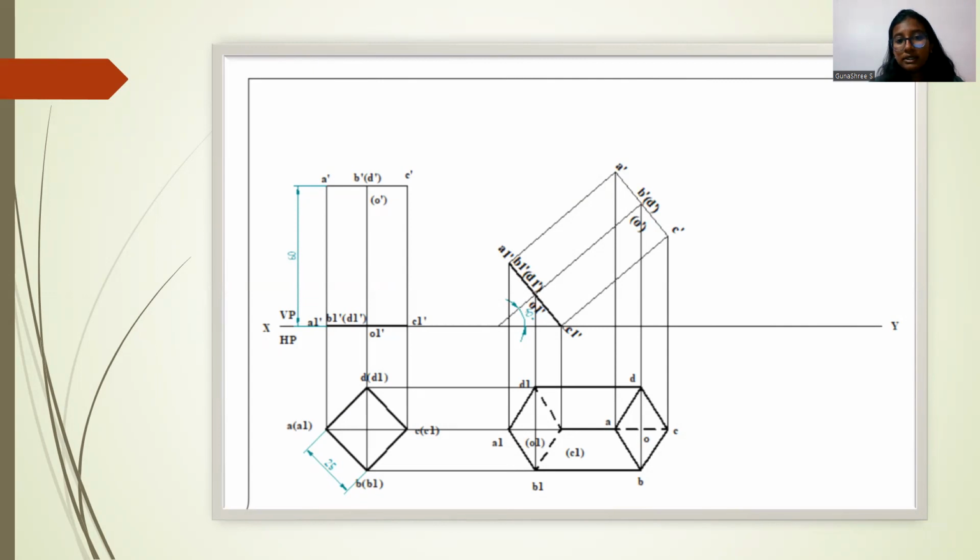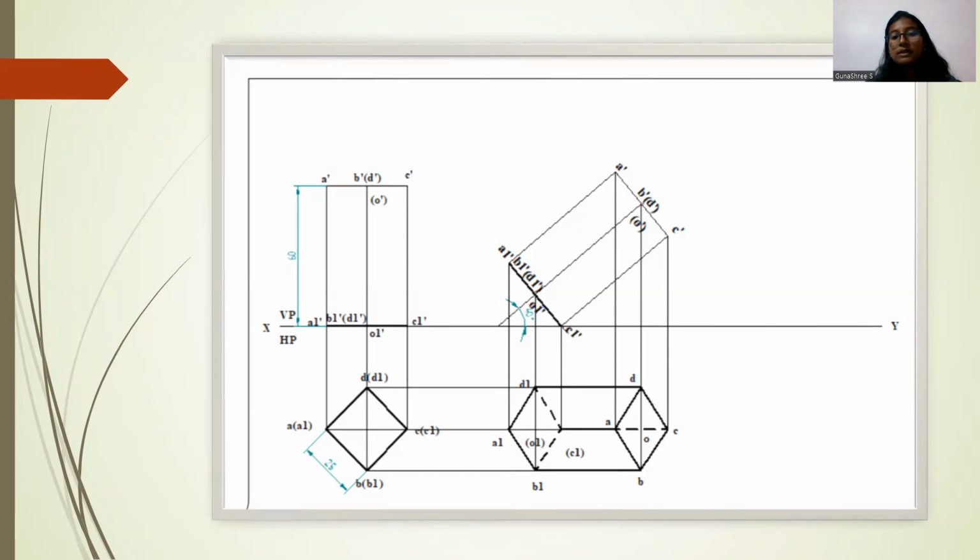Then project the lines vertically upwards such that it will make a perfect rectangle of A dash, B dash, D dash, C dash, O dash. It is as shown. After doing this, project the lines vertically downwards from A1 dash, B1 dash, C1 dash, D1 dash, and A dash, B dash, D dash, C dash, O1 dash and O dash.